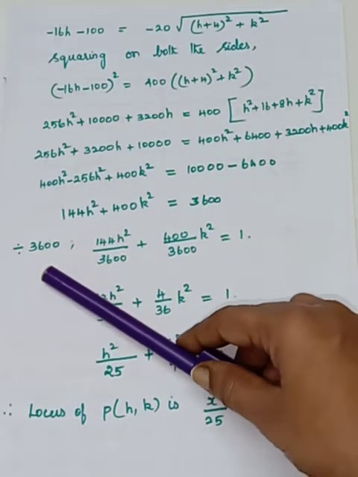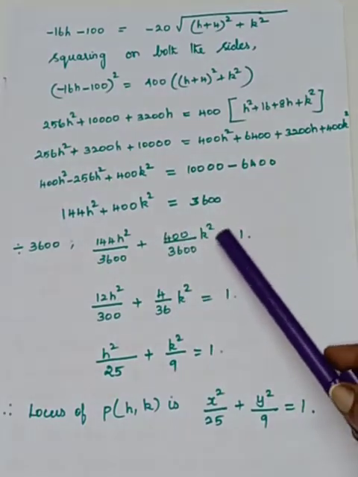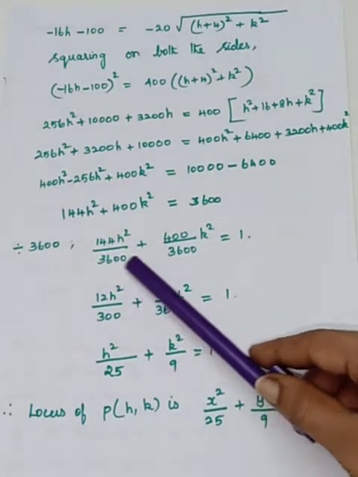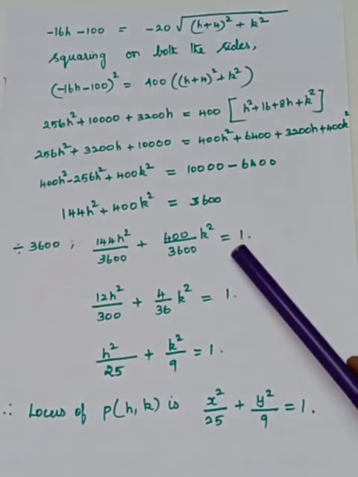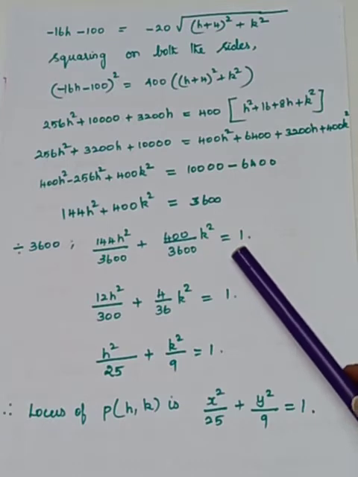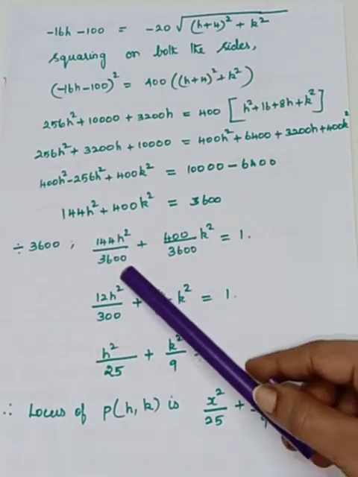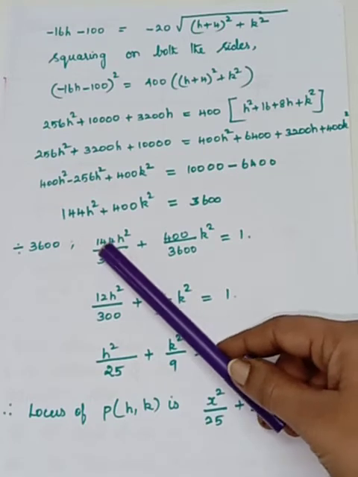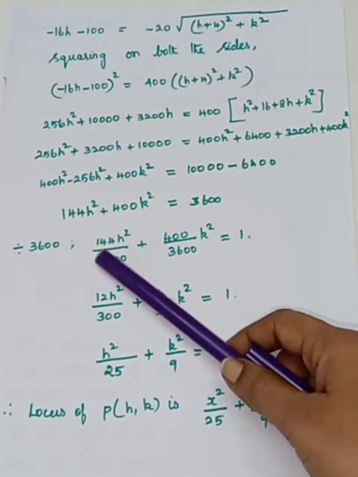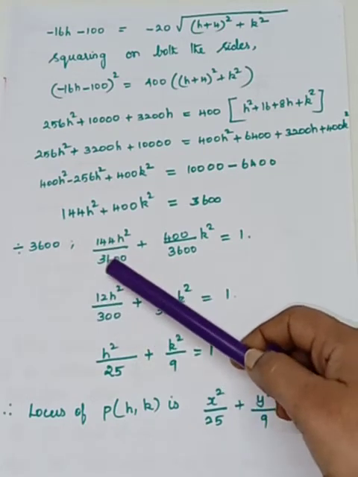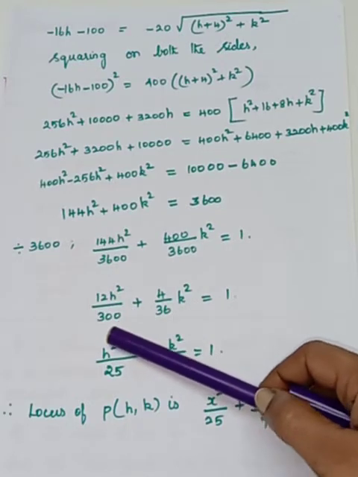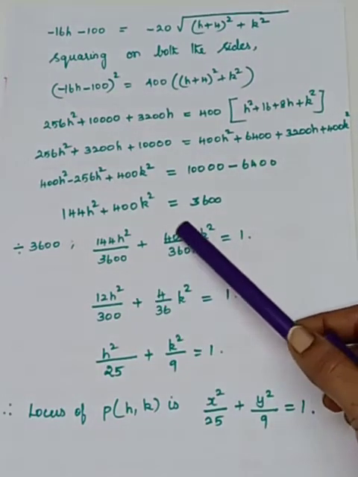If you divide it by 3,600, here in the denominator I have written 3,600 by 3,600 is 1. So you can divide it by 12. 12 12s are 144. So the numerator is 12 and the denominator is 300. Plus here 2 zeros get cancelled.